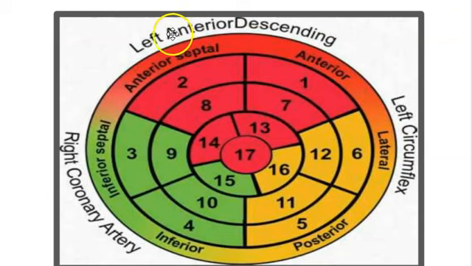This here just gives us an idea of which artery is dominating in that particular segment of the heart. You talk about the numbers here, like the anterior septal, anterior, you'd see the LAD dominates all the way down from the basal to the mid and to the apical segments of that particular area, whereas the circumflex would kind of dominate the side here, and the right coronary would dominate over here.